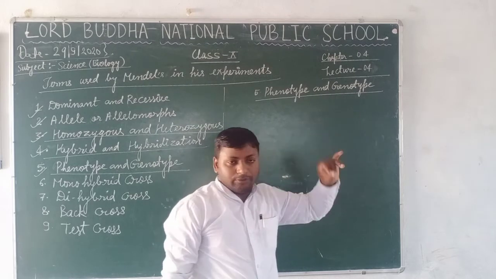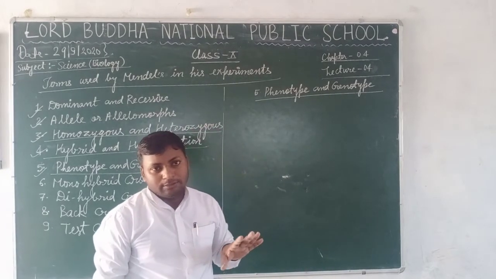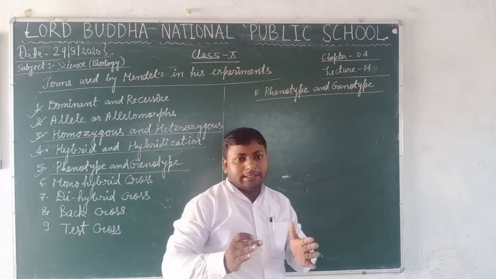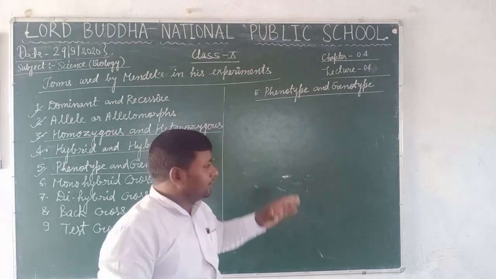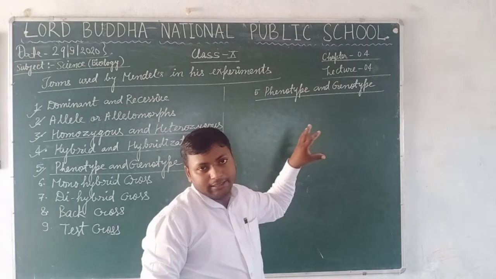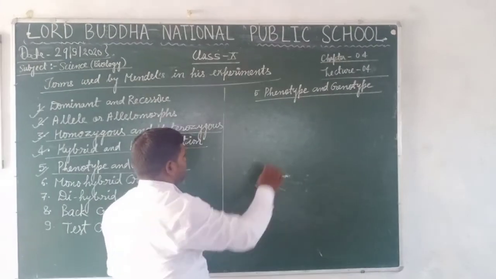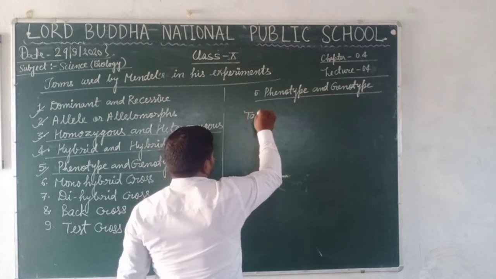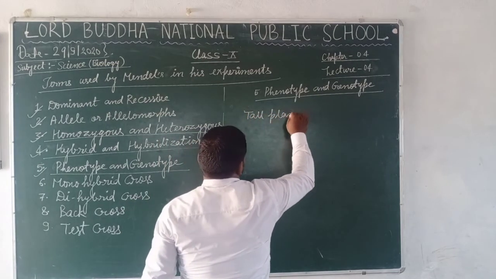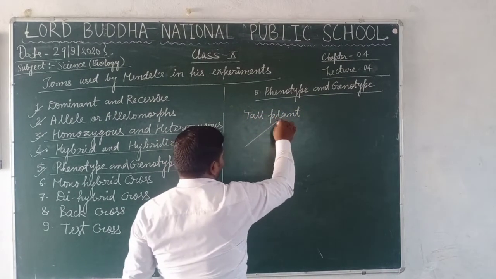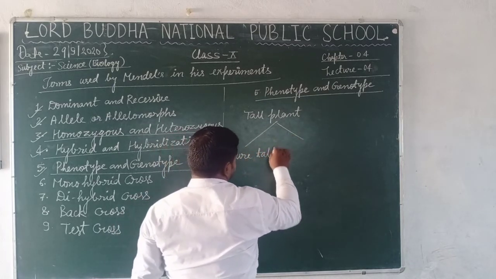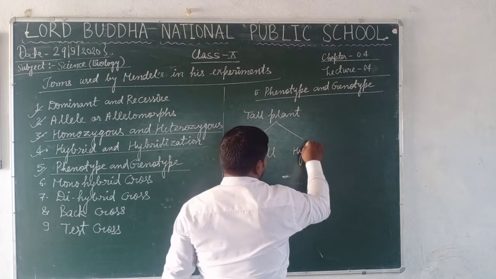Whereas genotype represents the presence of the alleles in their traits or characteristics. For example, students, tall plants are of two types: pure tall and hybrid tall.